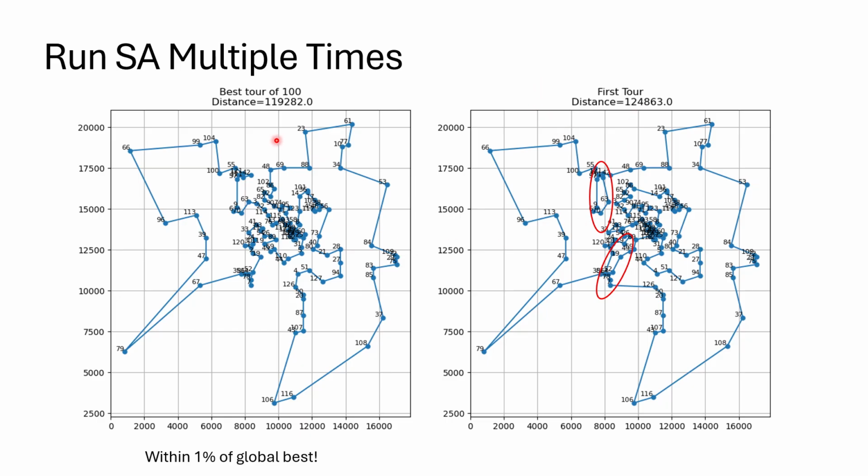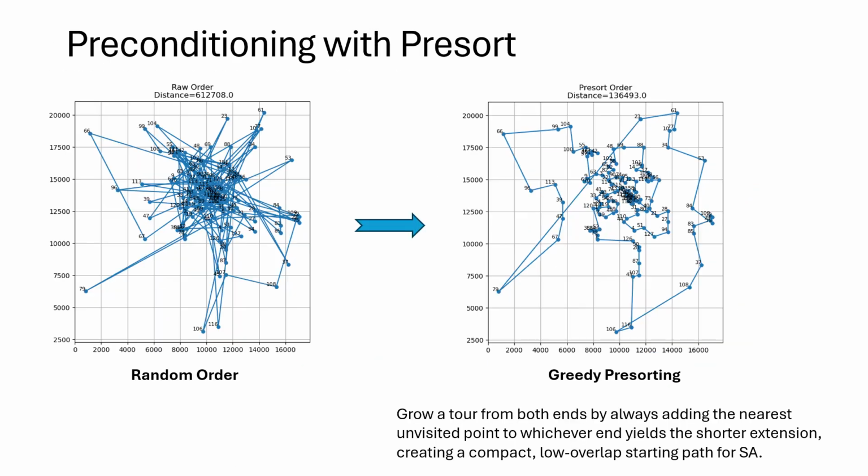And you could see that although there's a lot of similarities between the two of them, you can also find places where, for example, here compared to here, and then here compared to here, you can see why this tour is going to be slightly longer than this one. And that's just from running the stochastic algorithm multiple times.